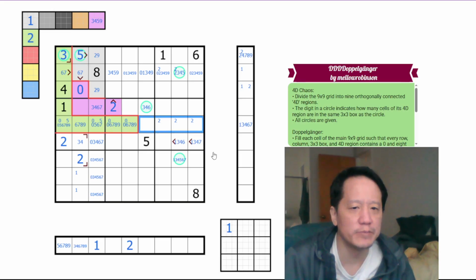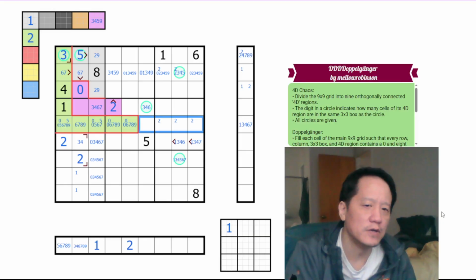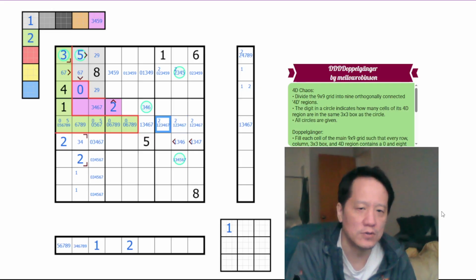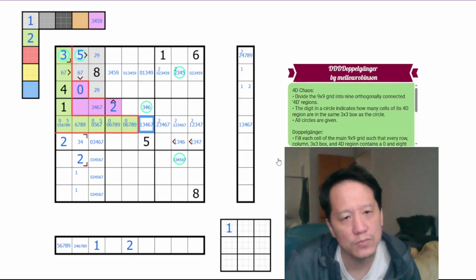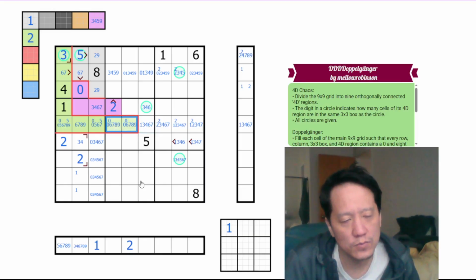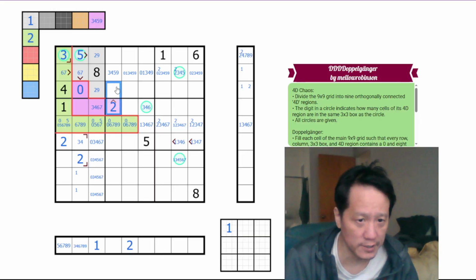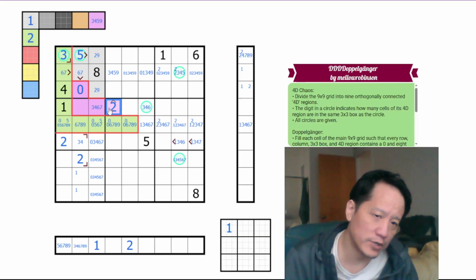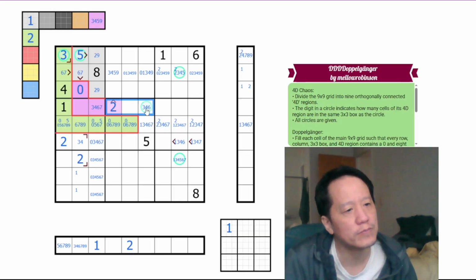So this cannot be. It can be 1, 3, 4, 6, 7, and 2's here. This can't be 1, though. This can't be 6 because of 1s and 6s in the column. So this is either just 1 or it's part of the circle.